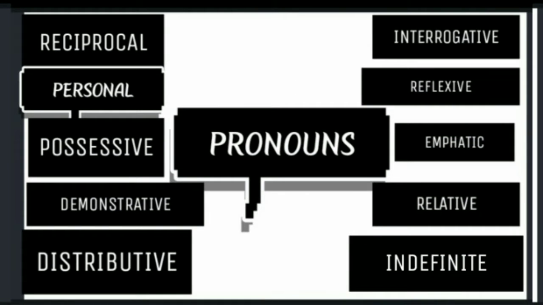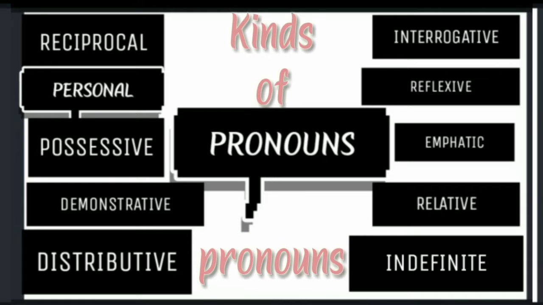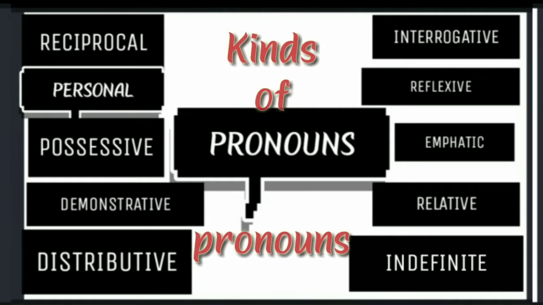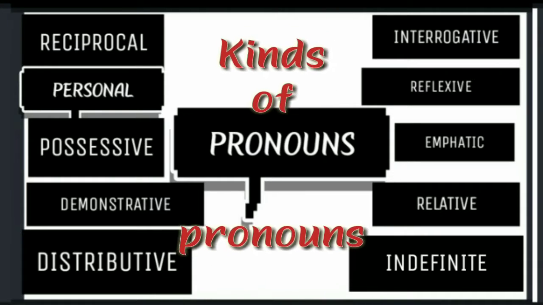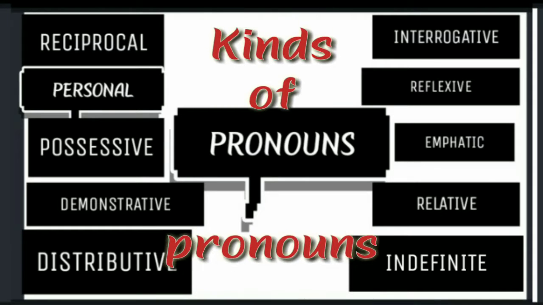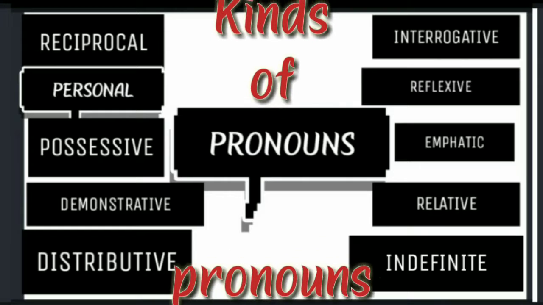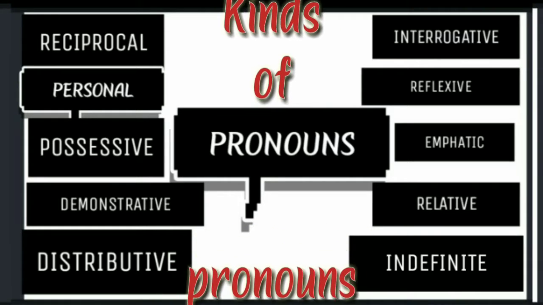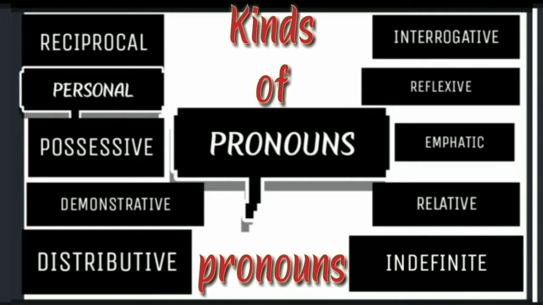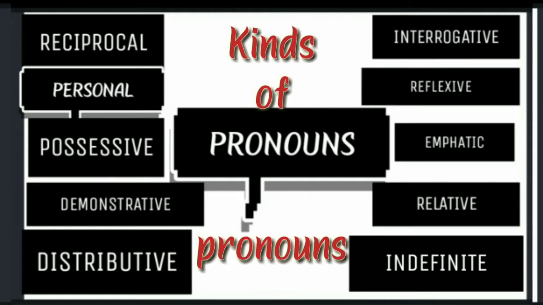Here you can see a chart which shows the different kinds of pronouns. Reciprocal pronoun, personal pronoun, possessive pronoun, demonstrative pronoun, distributive pronoun, interrogative pronoun, reflexive pronoun, emphatic pronoun, relative pronoun and indefinite pronoun.